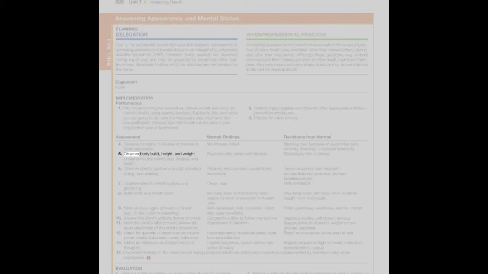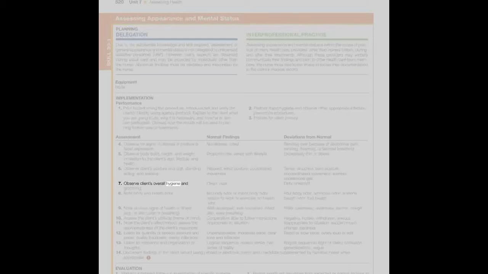5. Observe body build, height, and weight in relation to the client's age, lifestyle, and health. Proportionate, varies with lifestyle; excessively thin or obese. 6. Observe client's posture and gait, standing, sitting, and walking. Relaxed, erect posture, coordinated movement; tense, slouched, bent posture, uncoordinated movement, tremors, unbalanced gait. 7.